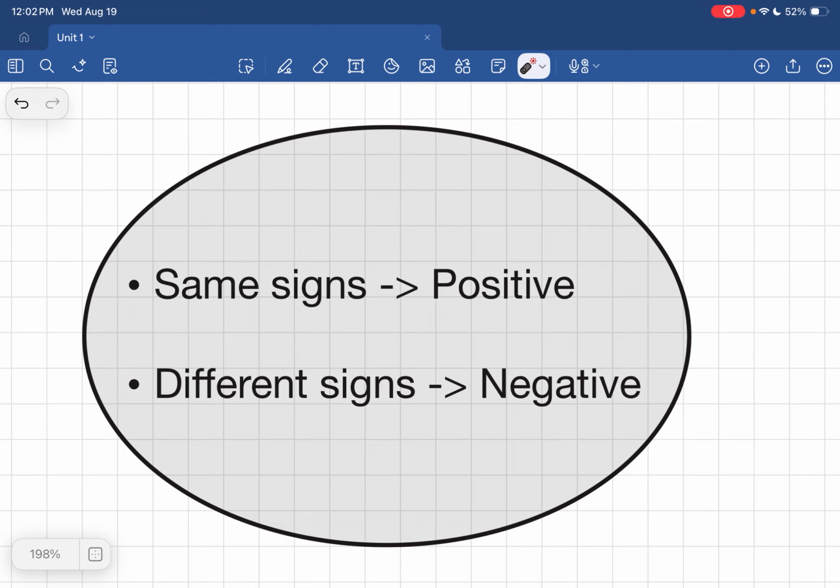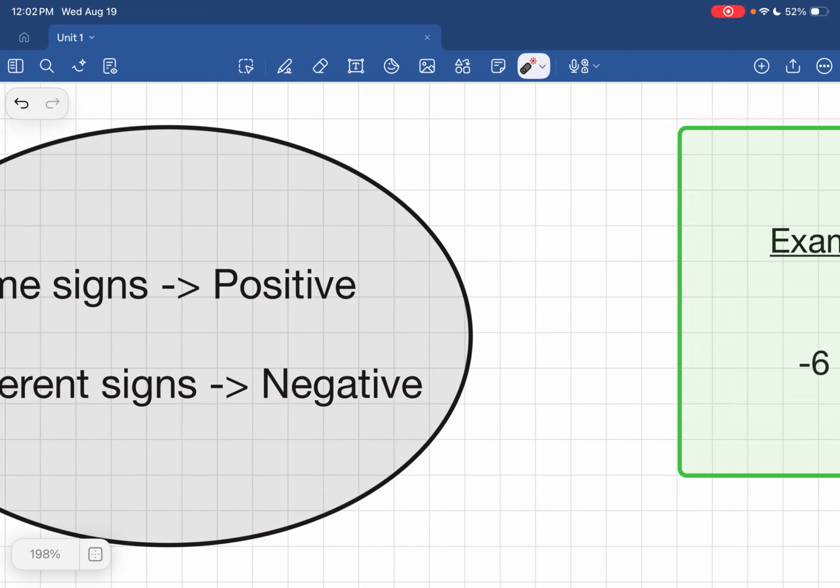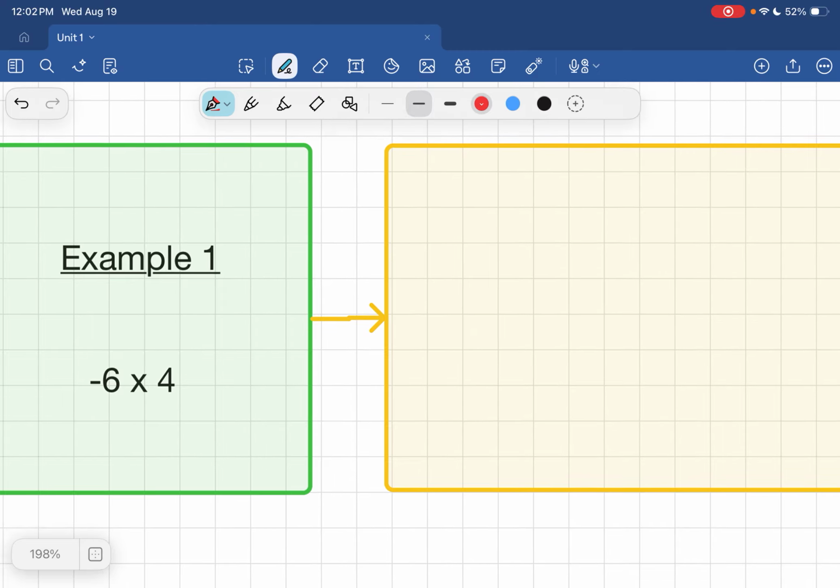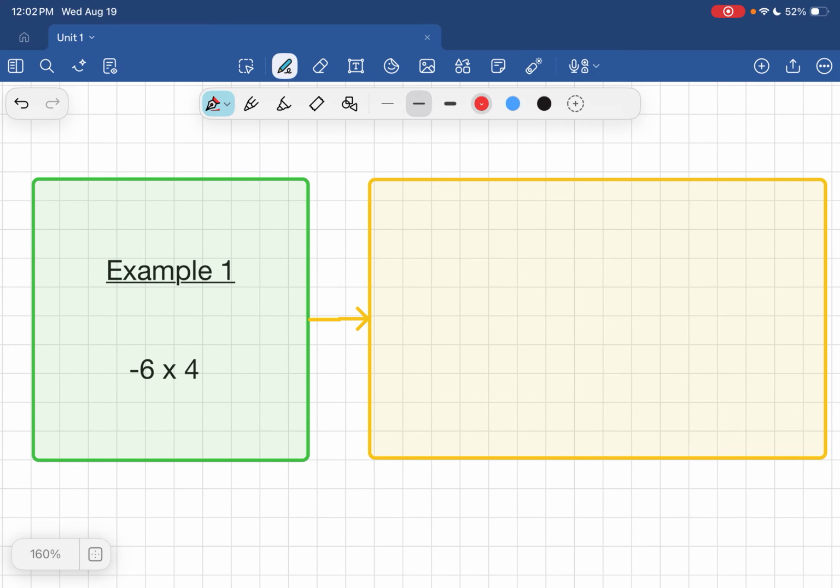All right, let's use the rule. First, don't multiply yet. Look at the signs. I have a negative and a positive. Negative 6 times 4. The signs are different.